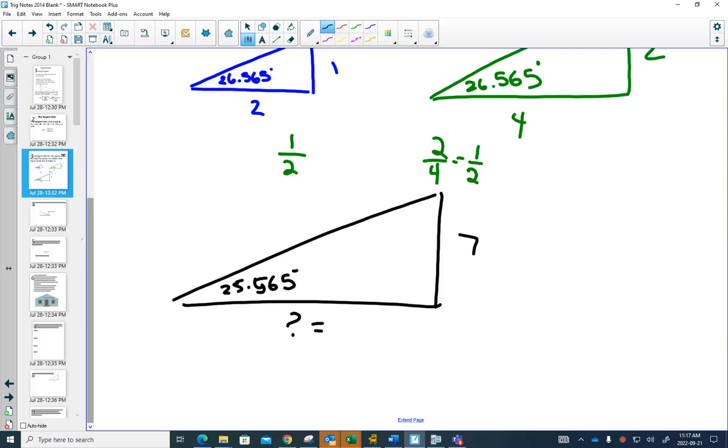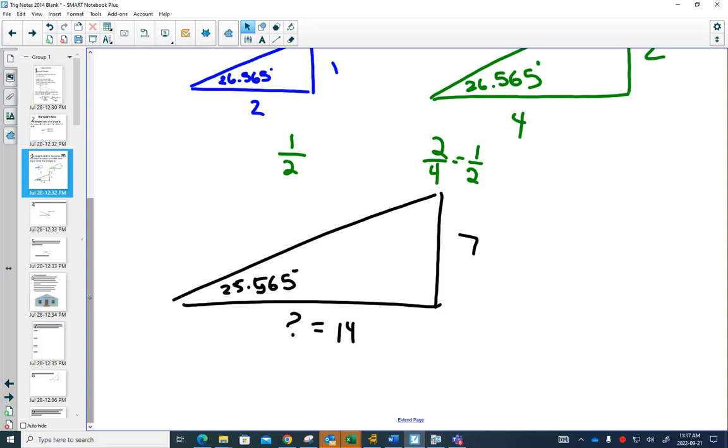This is going to equal 14 because you know how the tangent ratio works. The tangent ratio says no matter how big or how small a triangle is, if the angle stays the same, the ratio of the opposite side over the adjacent side will always stay the same.